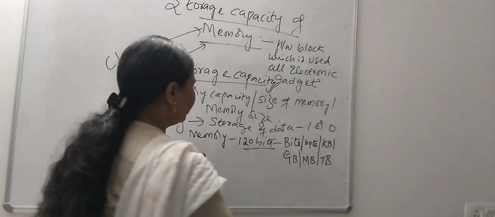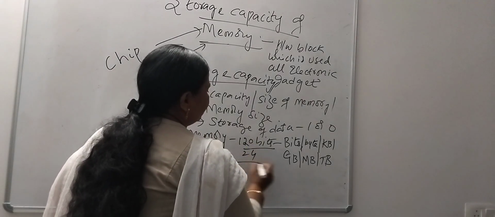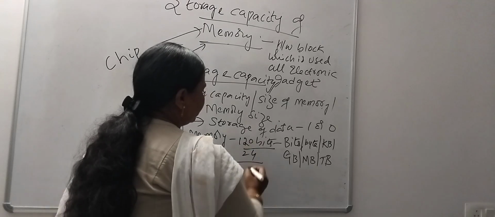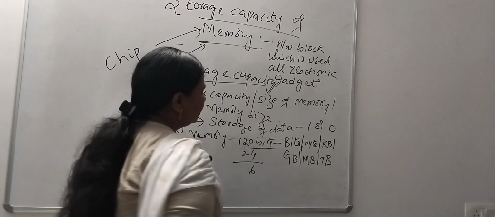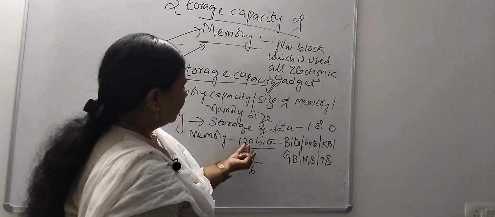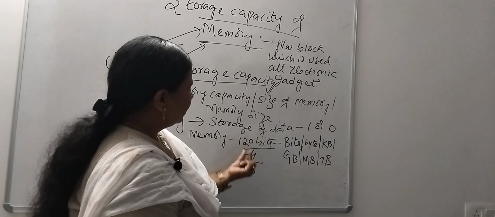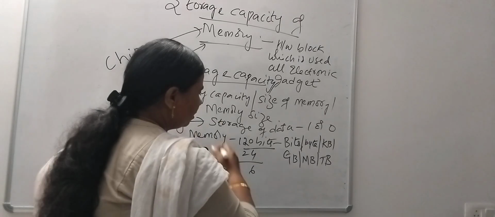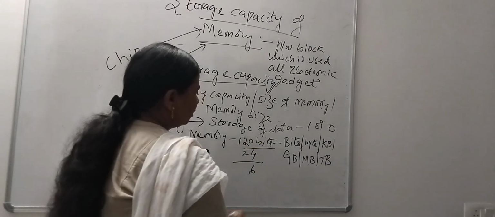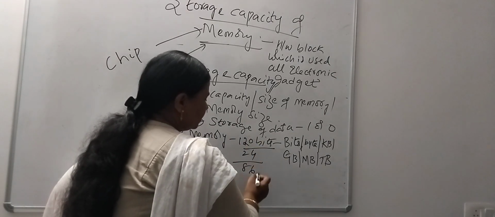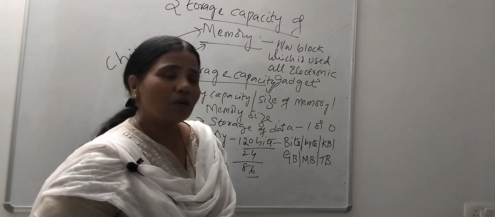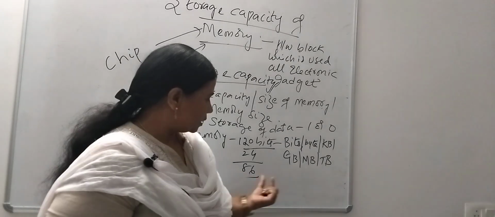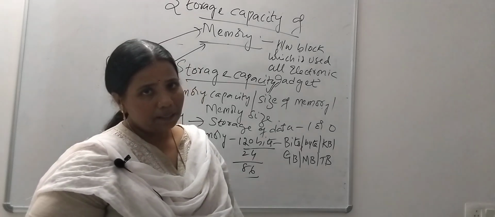If you remove 24 from 120, how much will you get? You are going to have around 86 bits left out. So whatever the 86 remaining bits are, you can use for the remaining storage.